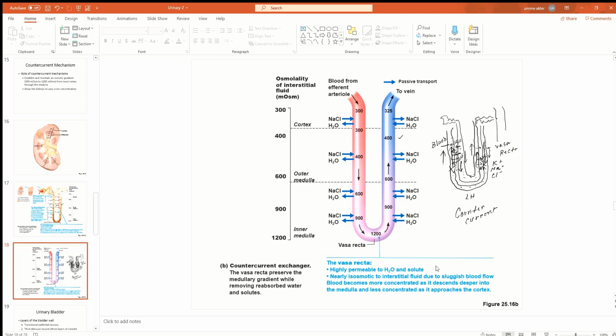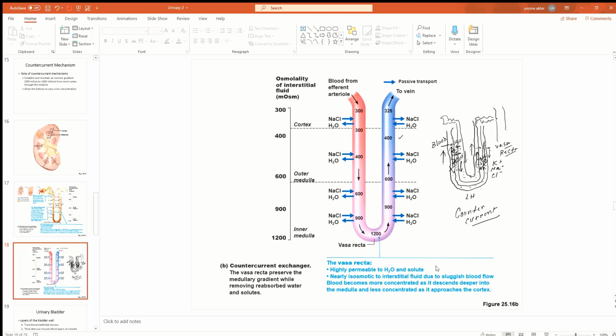So the vasa recta is quickly removing the water from this area and sodium, potassium, chloride from this area, and by doing that it makes sure those chemicals are reabsorbed continuously and will not accumulate around the nephron. That is very important for urine formation. So the vasa recta plays a very important role around the long loop of Henle, and that is called the countercurrent mechanism.